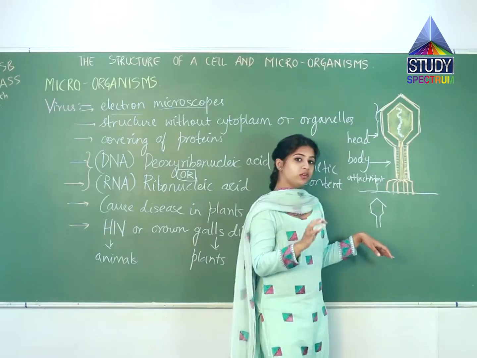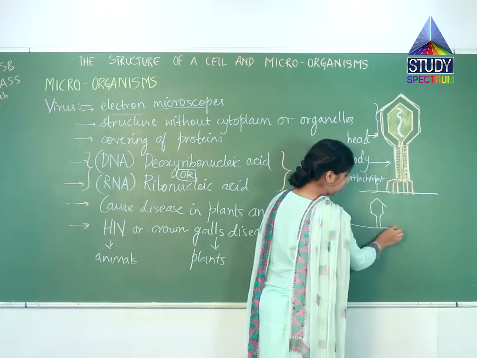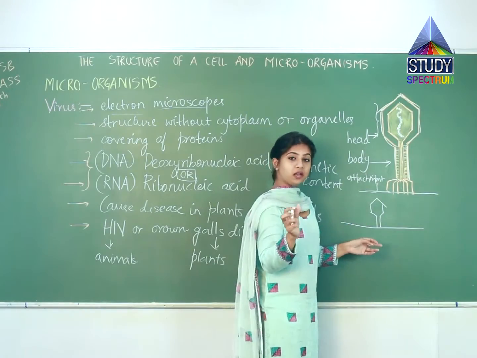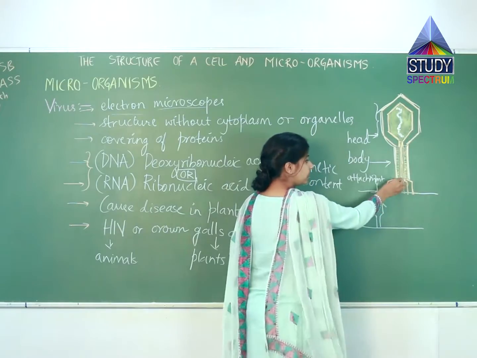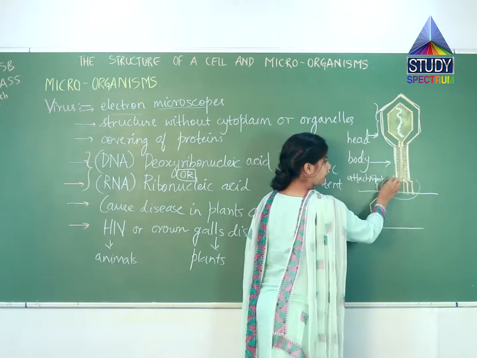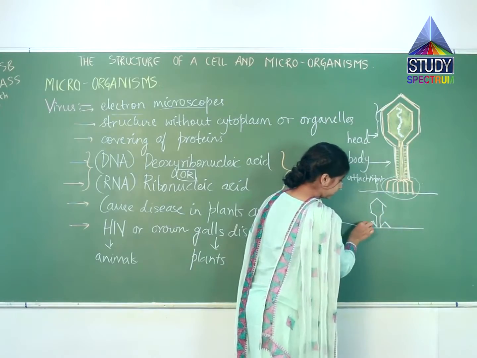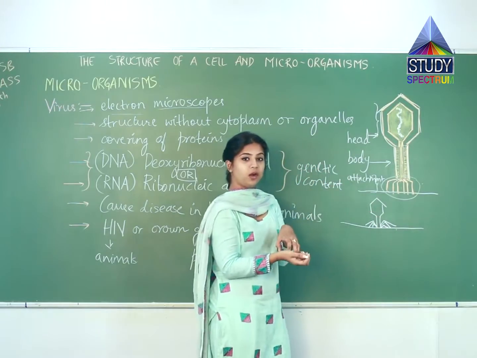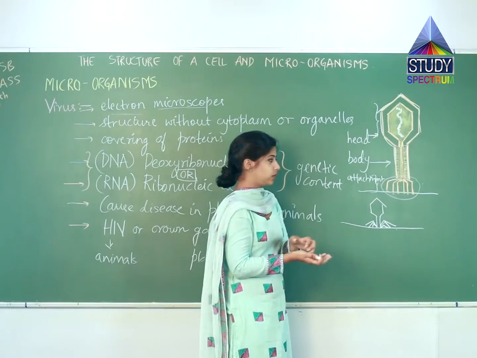Now I'll explain the mechanism, what happens. Once it has settled onto the surface of the targeted host that it wants to infect, this attachment would be creating a web onto it and would sting it and sit down onto the surface.